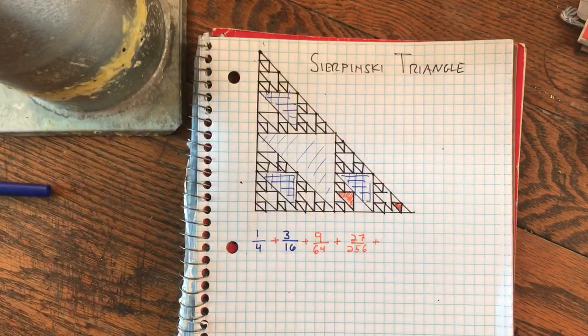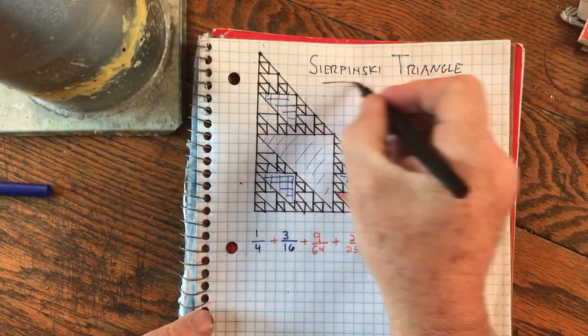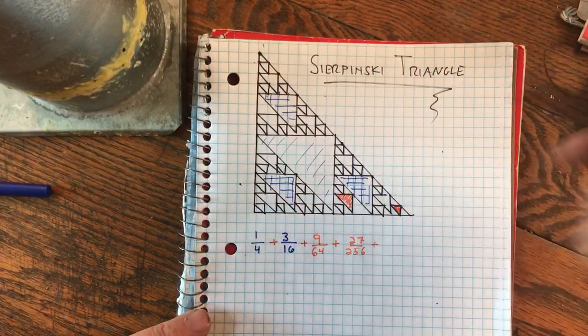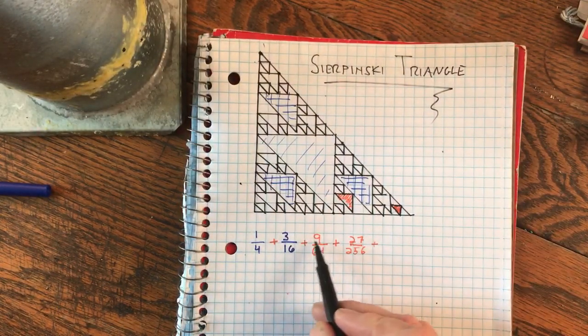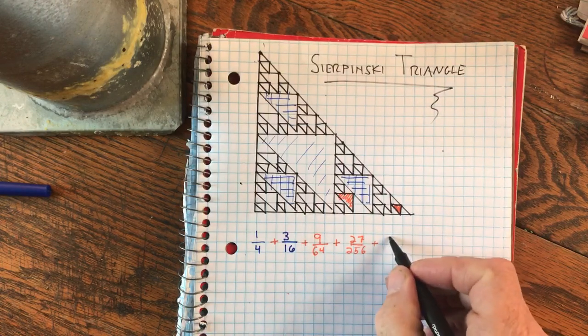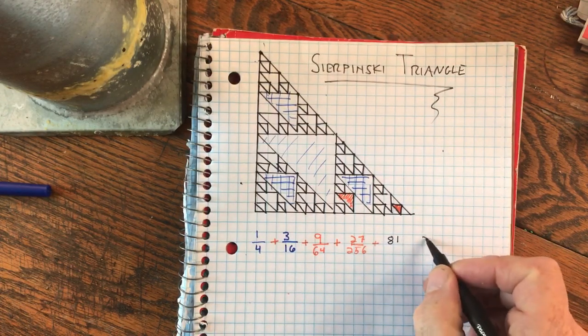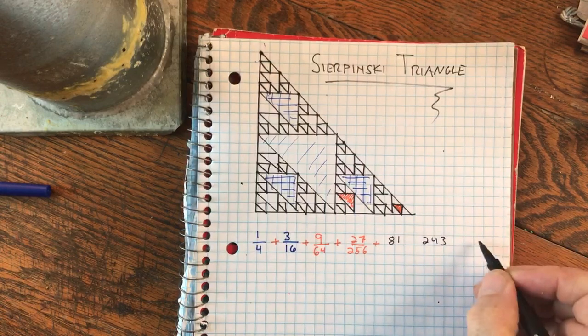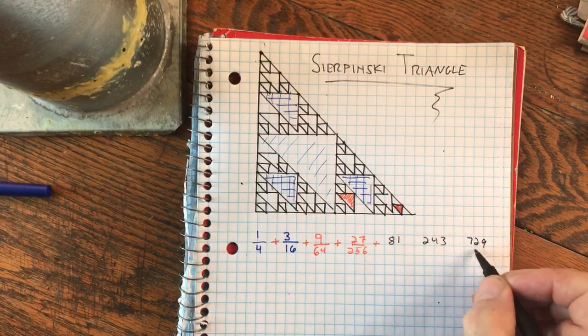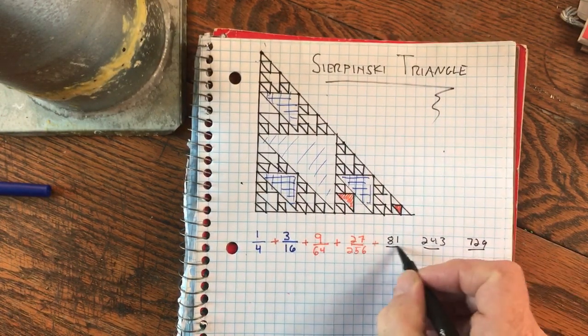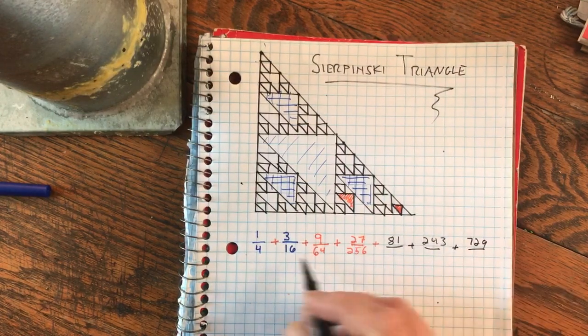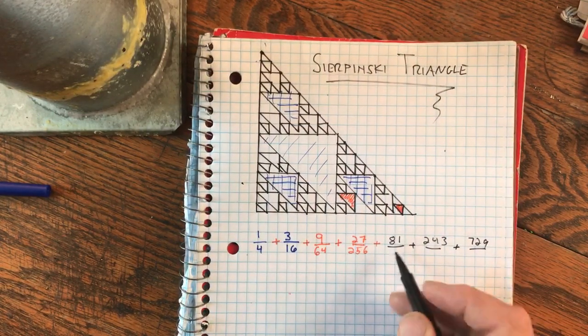Well, I will tell you, the full Sierpinski triangle, if the process were run forever, the numerators would always multiply by 3, and the denominators would always multiply by 4.